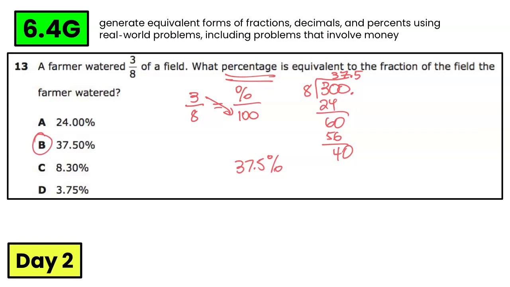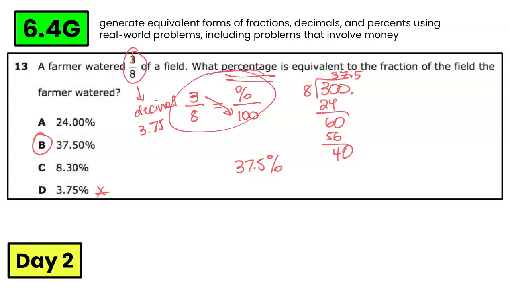The other way to do this would be to have the students go from this fraction to a decimal. That decimal that they get is 3.75. The problem with that method is that 3.75 is an answer choice.